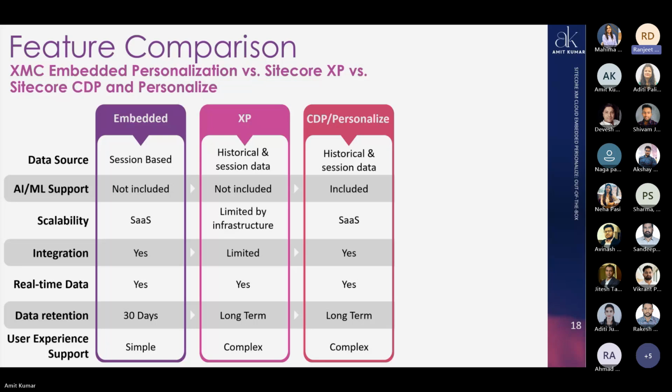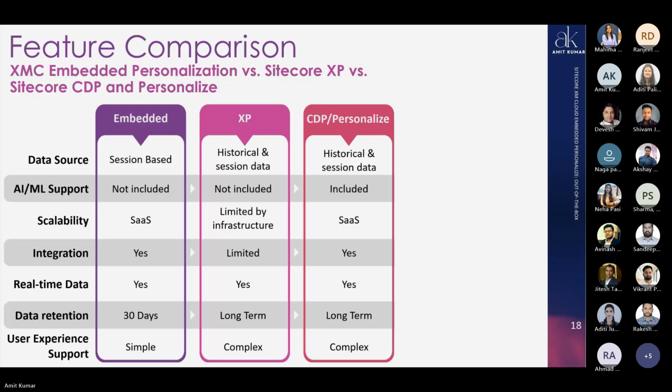Okay. So the fifth one is real-time data. As I mentioned earlier, embedded personalization stores real-time data. So yes, it provides it, and XP and CDP personalize also, as I mentioned, provide session-based as well as historical data.